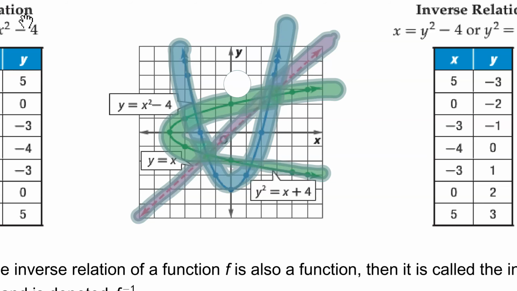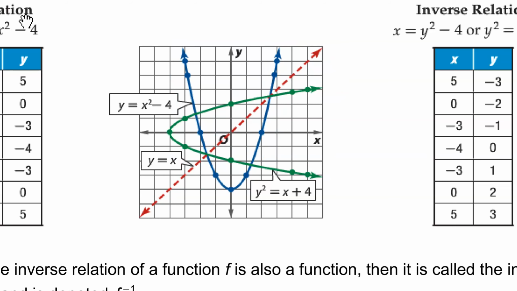This is a lot of highlighting, I'm sorry. So this is the line we're trying to reflect it across. If I'm reflecting x squared across the line, it's just going to be y squared. More or less, all of your domain, all of your x values are now your y values. You're switching the x and y values, and then you're graphing that.